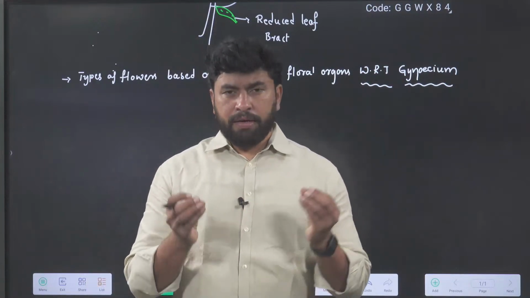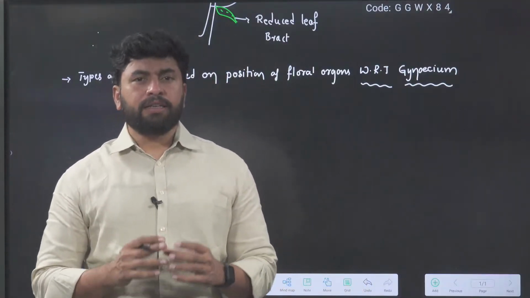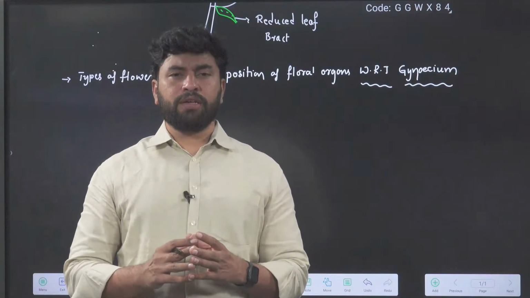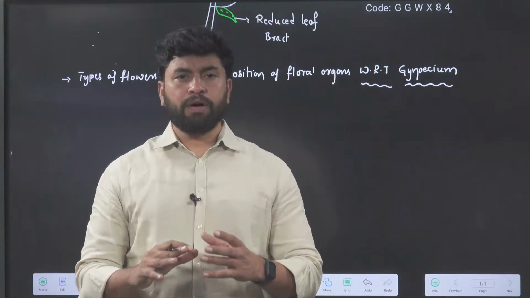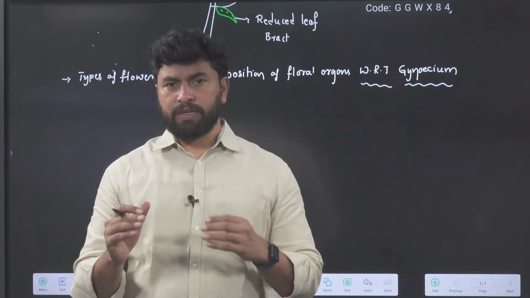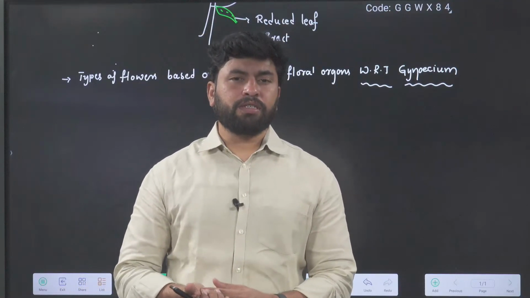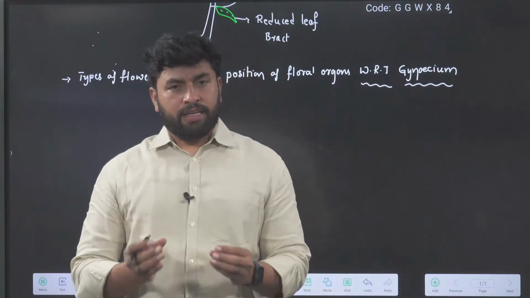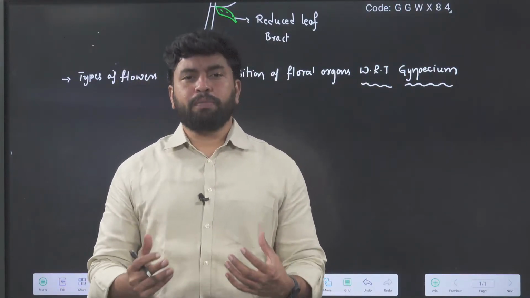After that, petals. Petals are meant for attracting insects for pollination by having beautiful colorization. If the pollination is over, the petals' work is also over. Next, stamens. Stamens are meant for the production of pollen grains. After producing pollen grains, they disappear.